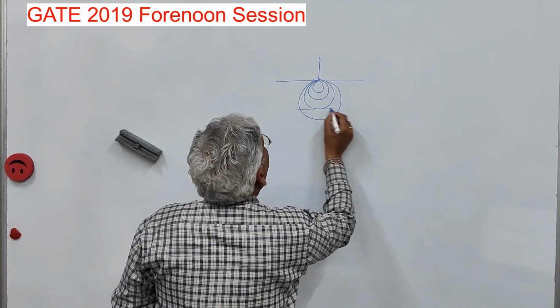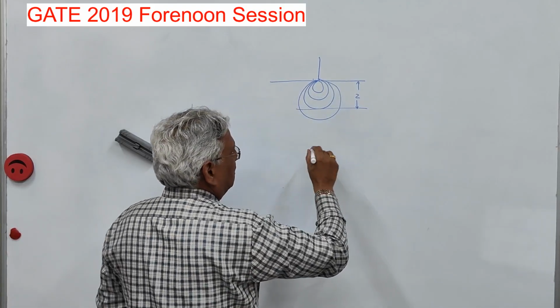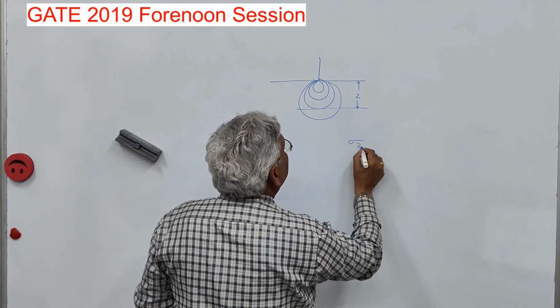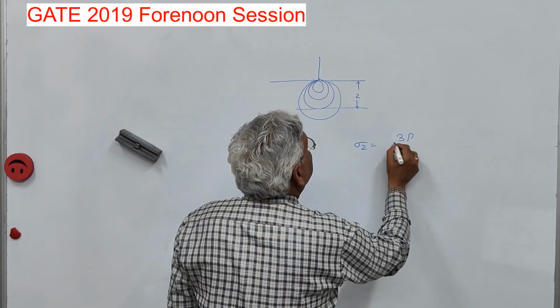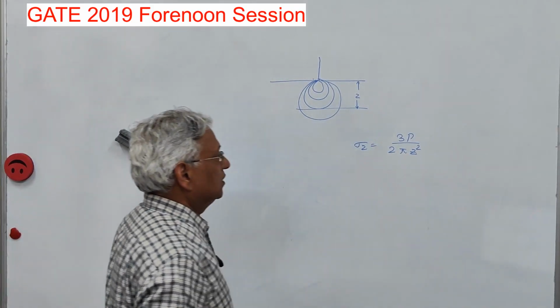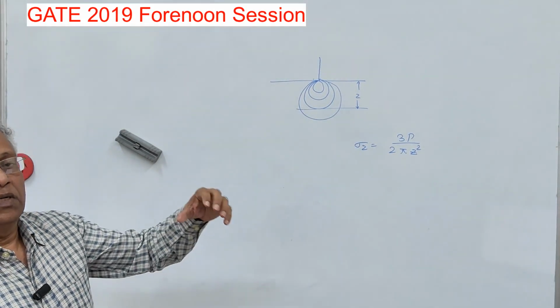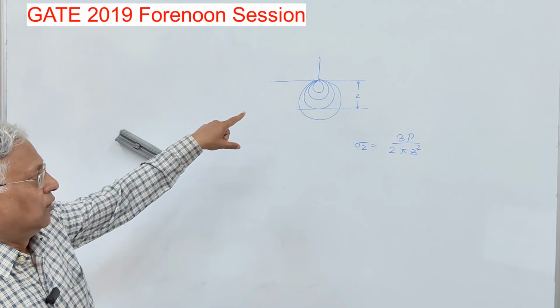And at any depth, let us say Z, below the load surface, the sigma Z will be 3P upon 2 pi Z square. That is the equation to calculate vertical or normal stress in case of concentrated load.